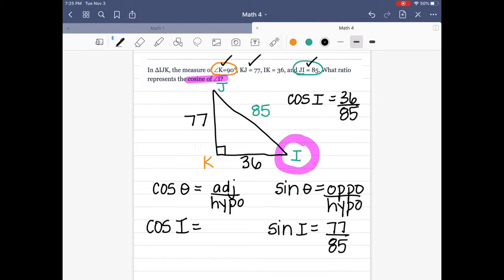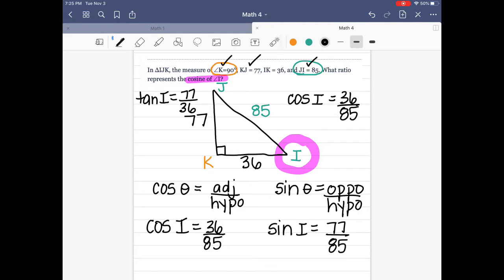If they ask for sine, you're going to do opposite over hypotenuse. Or if they ask for tangent, then you're going to do opposite over adjacent. So tangent of I is my opposite side, 77, over my adjacent side, which is 36.